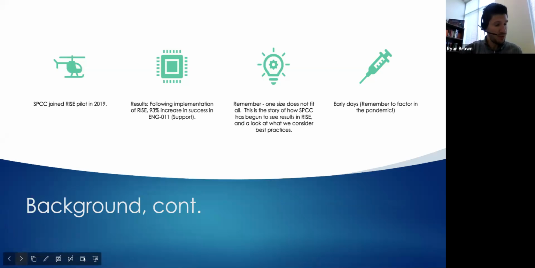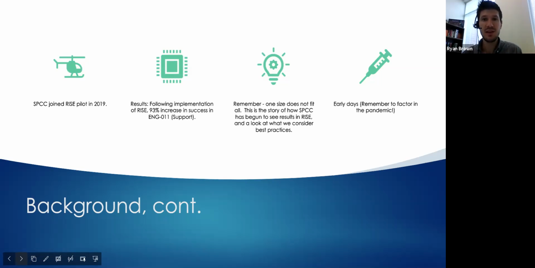Some more background specifically about RISE. We were kind of at the forefront. We were part of the guinea pig group in which we joined the RISE pilot back in 2019 to much success. We actually have enjoyed, following implementation, a 93% increase in success for students in English 111 who are receiving the English 011 support.